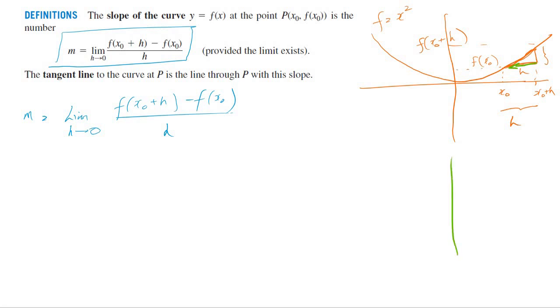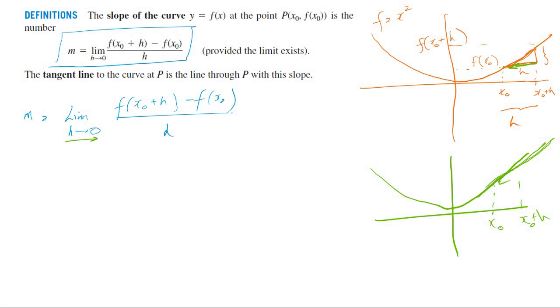So if I may draw another graph, when h tends to 0, x0 plus h tends to x0, and you get the gradient at the point. So as h tends to 0, you get the gradient at the point of this line that I'm drawing.